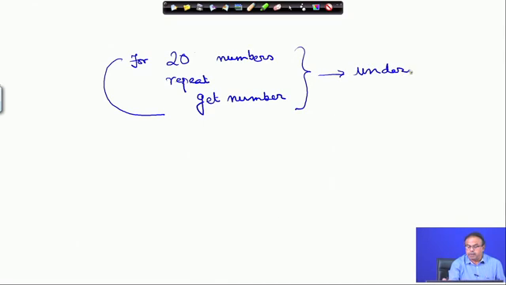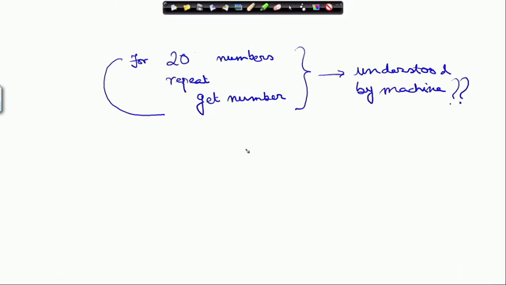So, I am keeping that question open. Whenever I talk about machine I mean a computer, all right. So, for 20 numbers get number, in that way I can say that, or I could have written that in a little more smarter form.